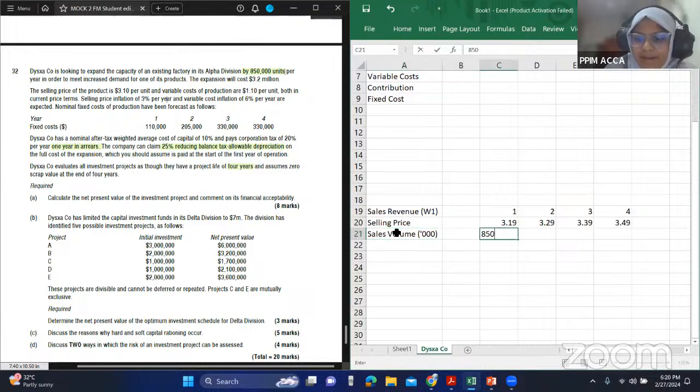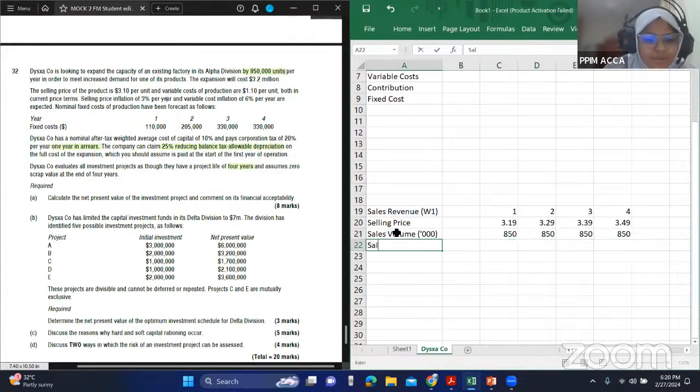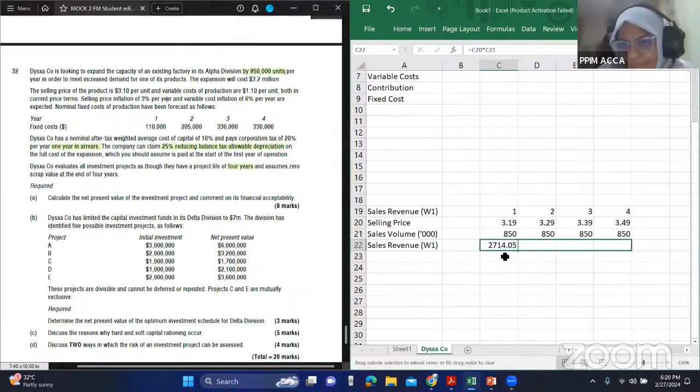That will be 850. Okay, 850. Now, if you multiply the two, you'll get the sales revenue, which is 3.19 multiplied by 850. So that is 2,714.